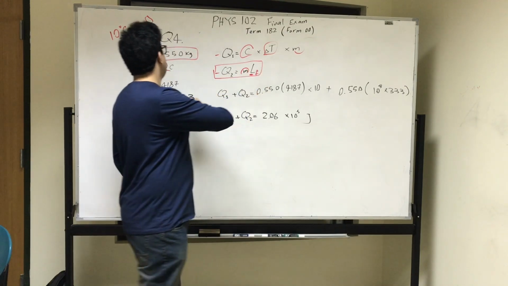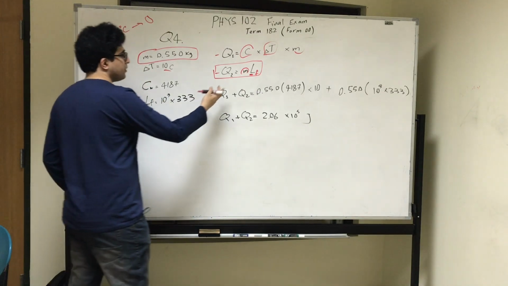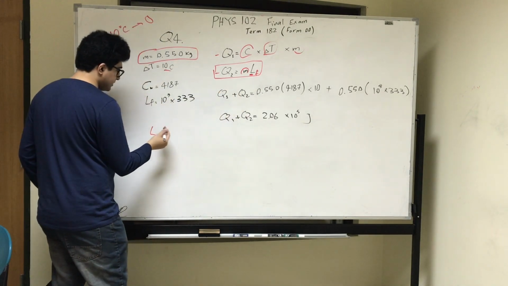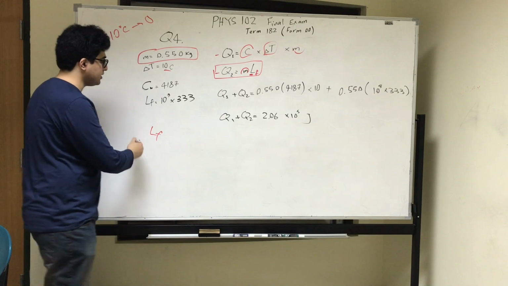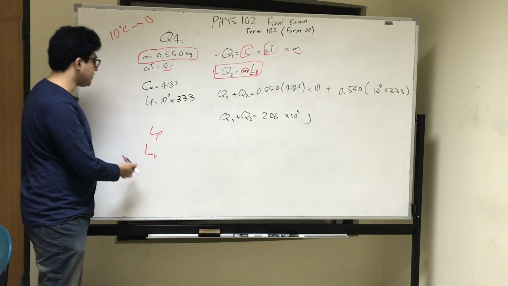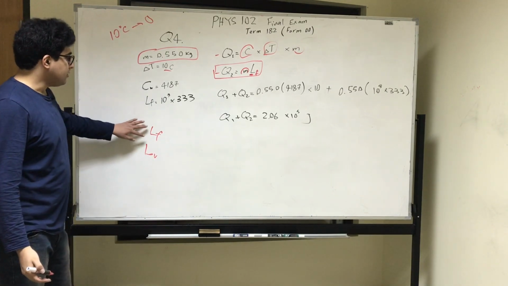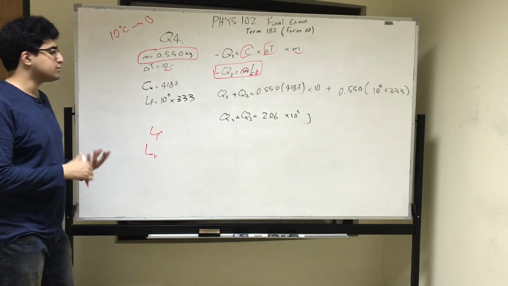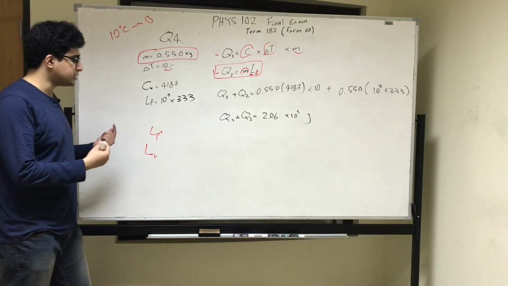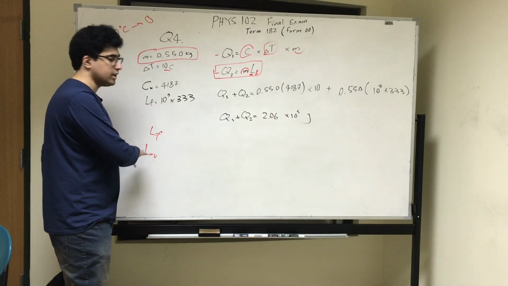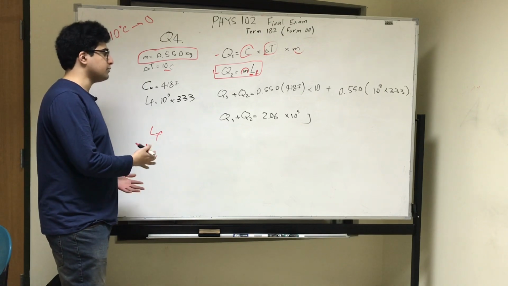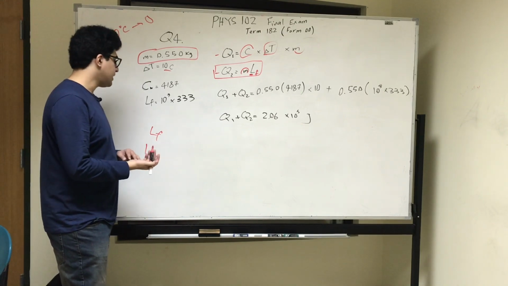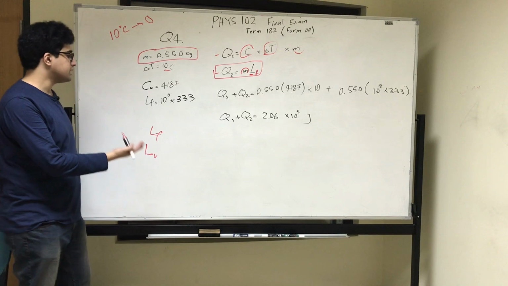of fusion. We need to be careful because we have two types of latent heat: latent heat of fusion and latent heat of vaporization. Fusion is used when water changes from liquid to solid, which means from liquid water to ice, and vice versa, from ice to water.